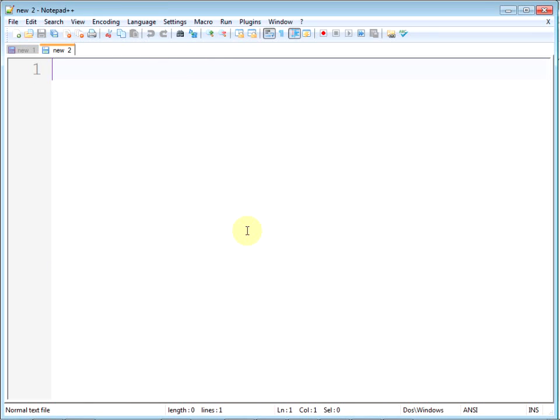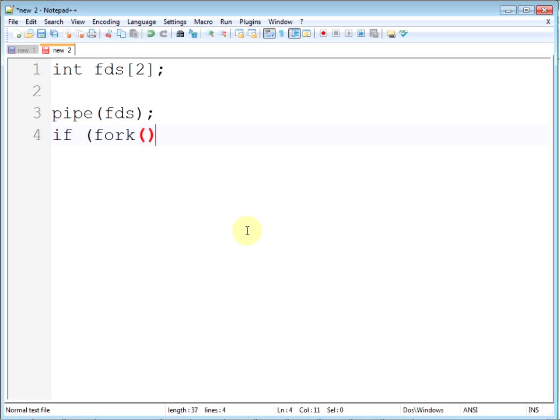So what did we say? We said FDs of 2, pipe FDs, then fork. If fork is not 0, if fork is a number, what does that mean?